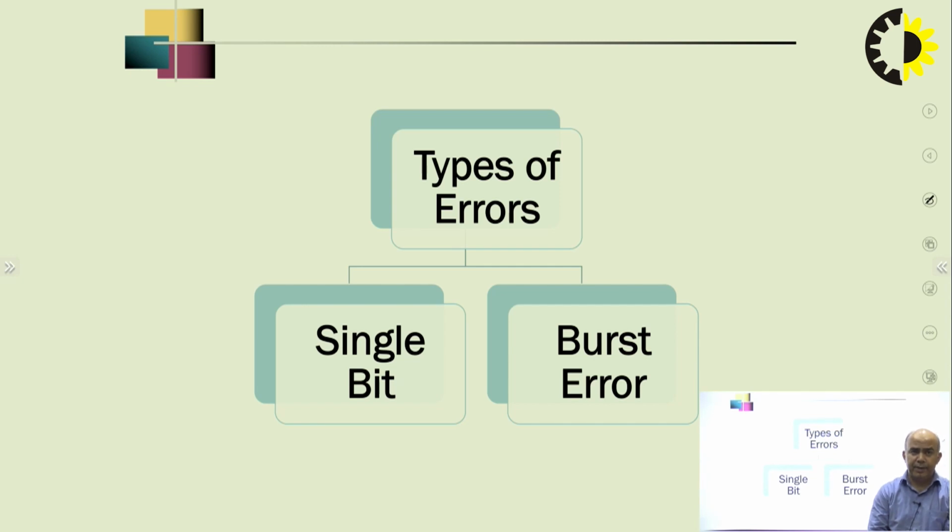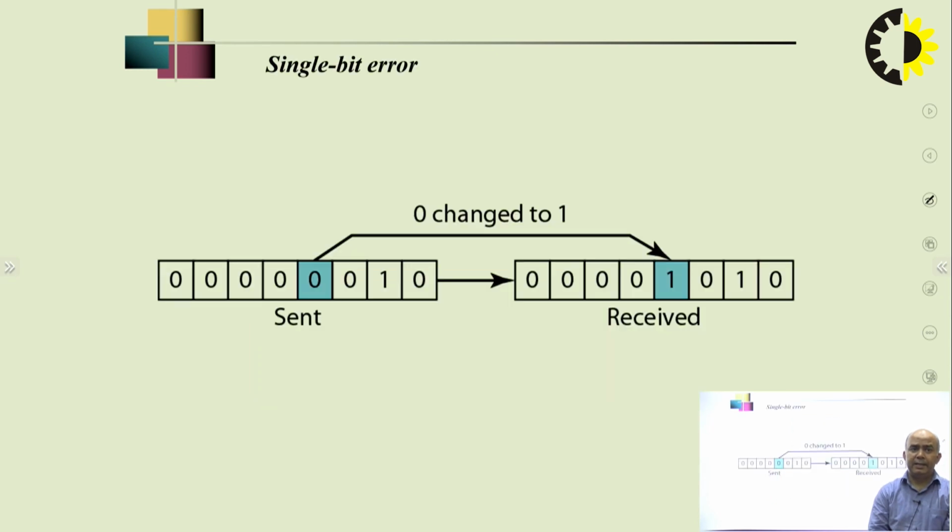Here the sender wants to send the data 0 0 0 0 0 1 0, six times 0 then 1 0, but at the receiver end it received 0 0 0 1 0 1 0.